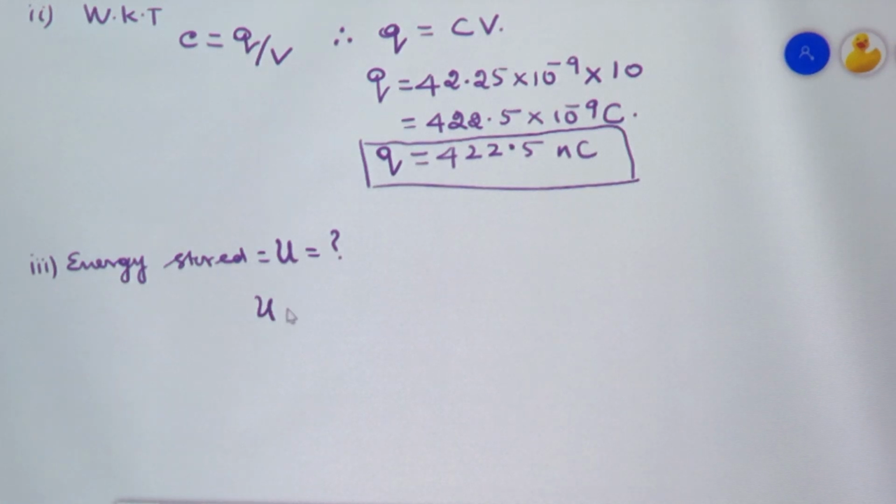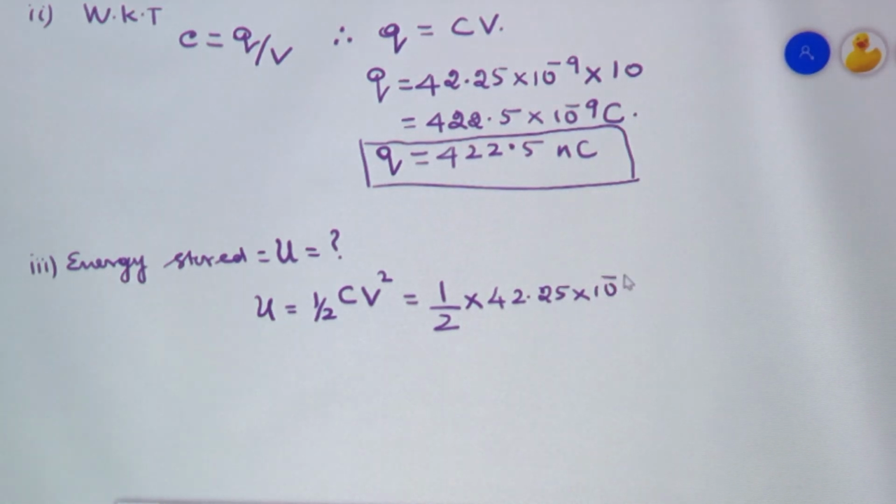We know the energy stored is given by the formula half into C into V square. Just substitute half into the value of the capacitance. The value of the capacitance was calculated as 42.25 into 10 to the power of minus 9 farad, multiplied with V. V is 10, so V square is 10 square.